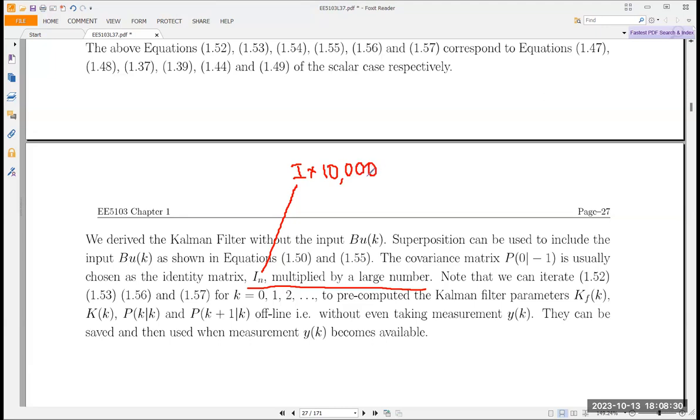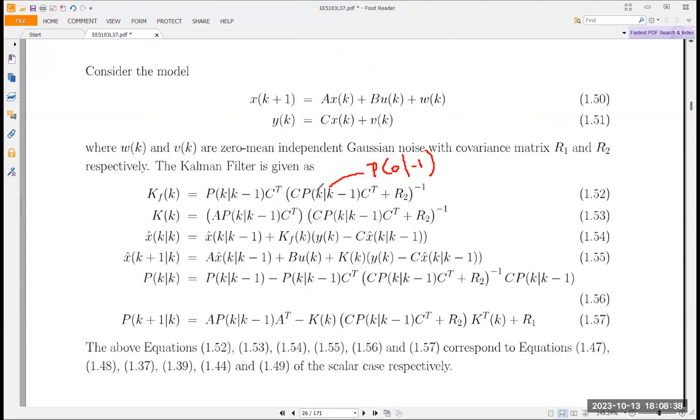That is big enough. All right, in practice, people use a large number, so 10,000 is big enough for all practical purposes. So you start. Then you are able to calculate KF.